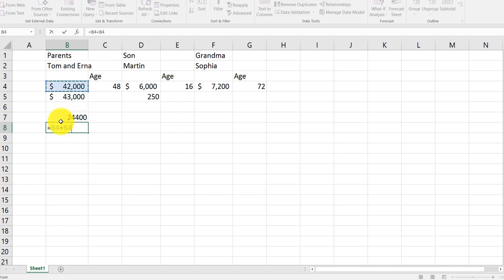So we'd add together what they got on their W-2s, if I can make my math work, and subtract the standard deduction, and that would be their taxable income.